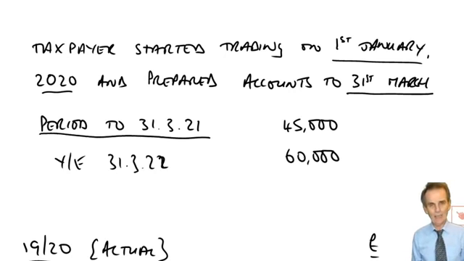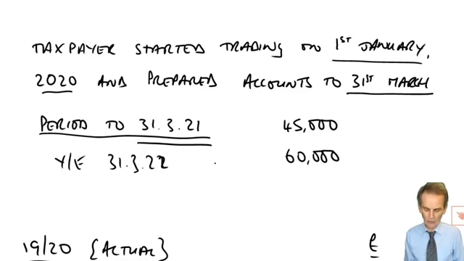Now that one ended in the 2021 tax year. When I went to April a moment ago, the 30th of April 21, that ended in the 21-22 tax year. So it gave us this different scenario, all out of just one change. Instead of preparing accounts to 31st of March, I then prepared accounts to 30th of April.